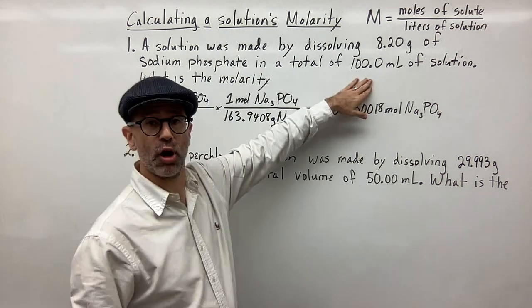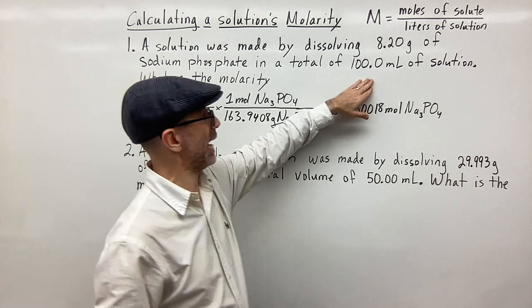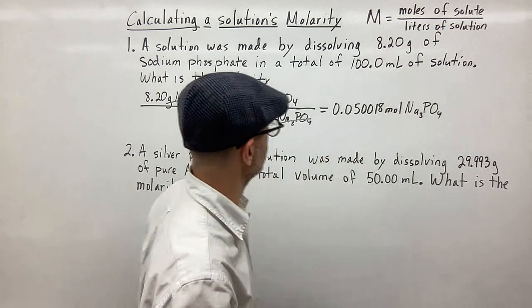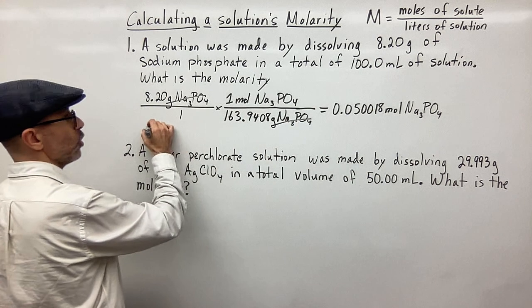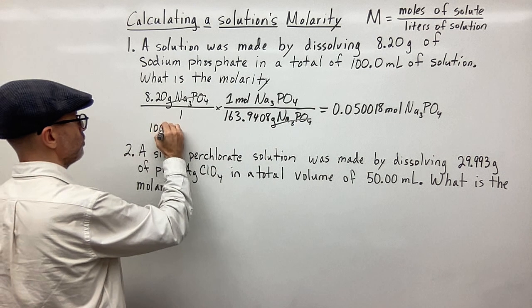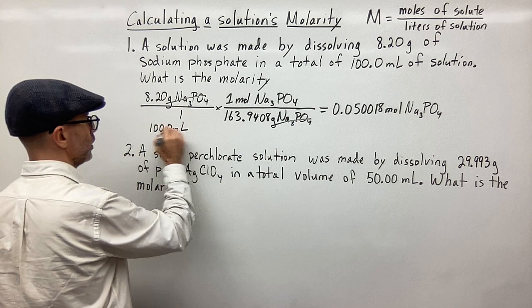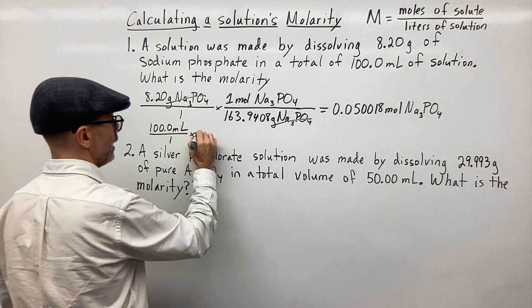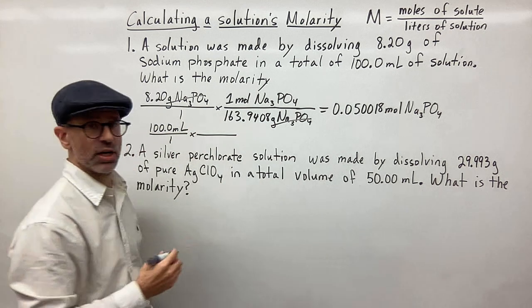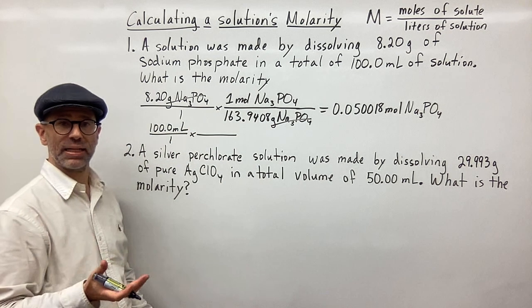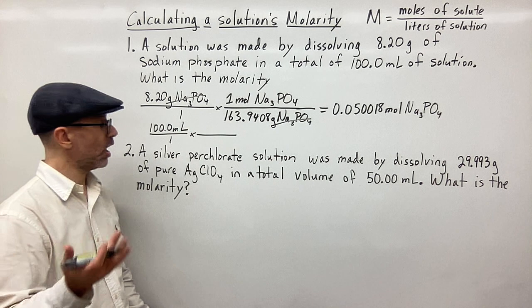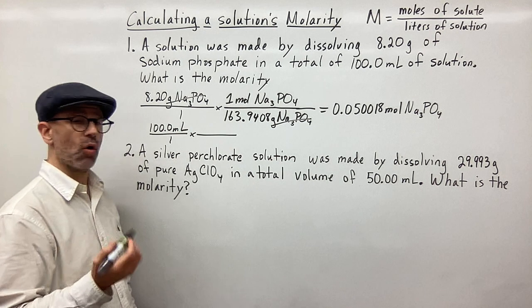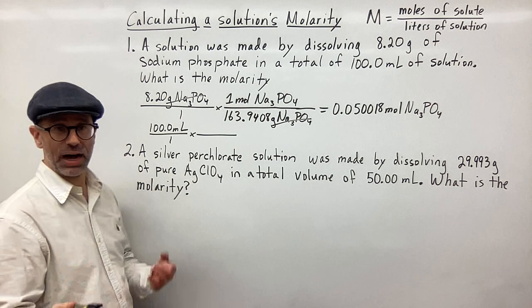So this is the volume of the solution, but we need that in liters. They gave it to us in milliliters, so we're going to have to convert that to liters. So we take the 100.0 milliliters of solution and we use our conversion factor. So 1 milliliter is equal to 10 to the negative 3, or 1/1000th of a liter, or 1 liter is equal to 1,000 milliliters.